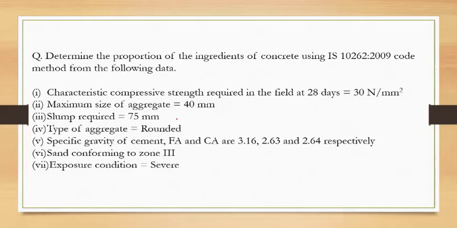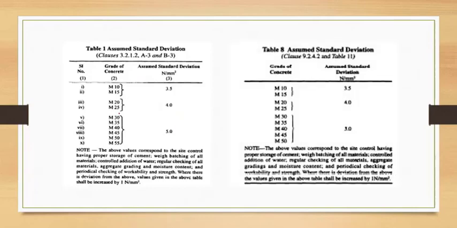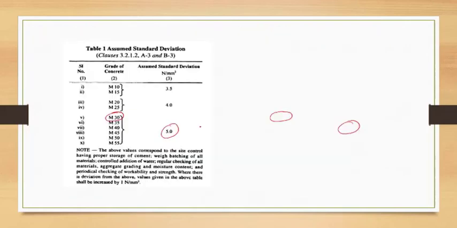So corresponding to M30, both from table 1 of IS 10262-2009 and table 8 of IS 456-2000, we have the value of S as 5. So we know the F_ck value, which is 30 Newton per mm square, and we know the S value, which is 5. So using this formula, we can find out the value of F_ck dash.